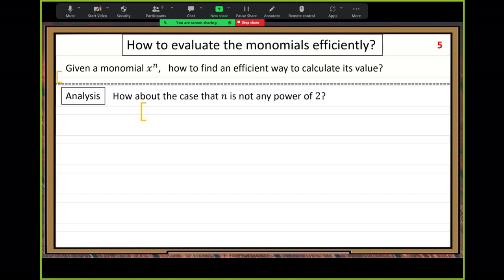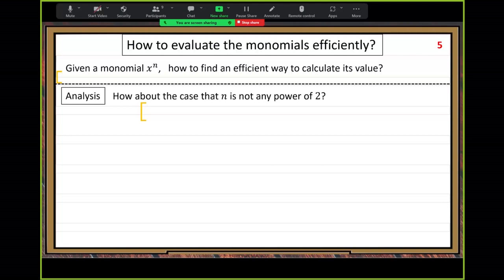All right. So here, we want to look at other special cases. If n is not any power of 2. Because n equals a power of 2 is too special, not general enough.